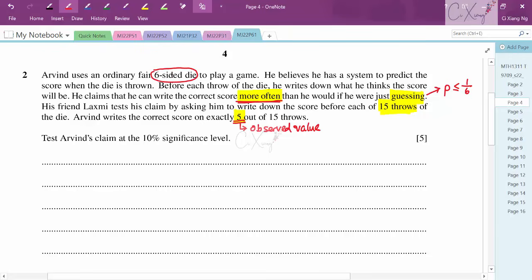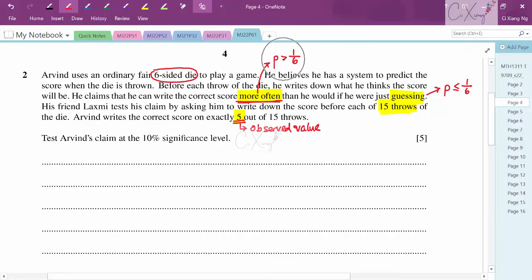If you are purely guessing, the probability that you get the answer correct will definitely be smaller or equal to 1 over 6. And then the keyword more often here generally tells us that they have a higher chance to get the answer correct, where the probability will be more than 1 over 6.